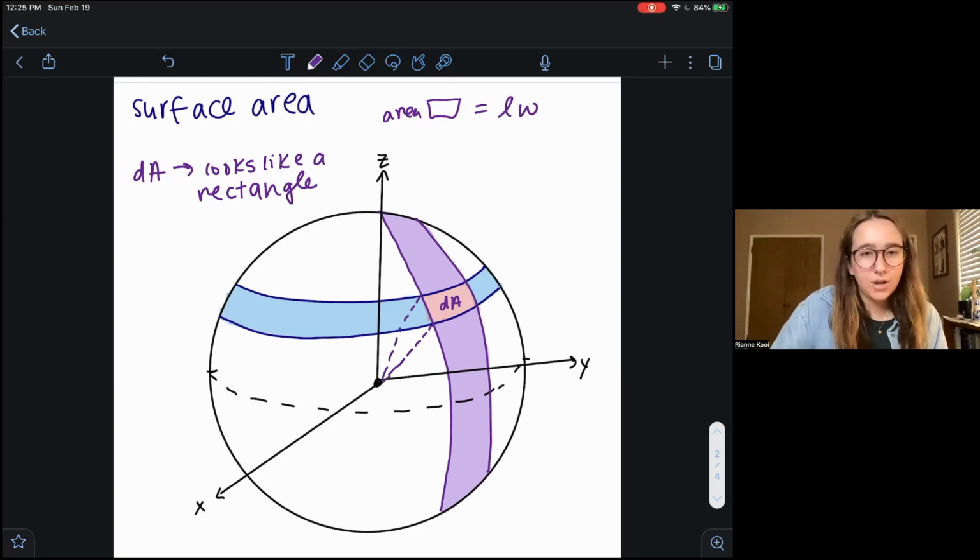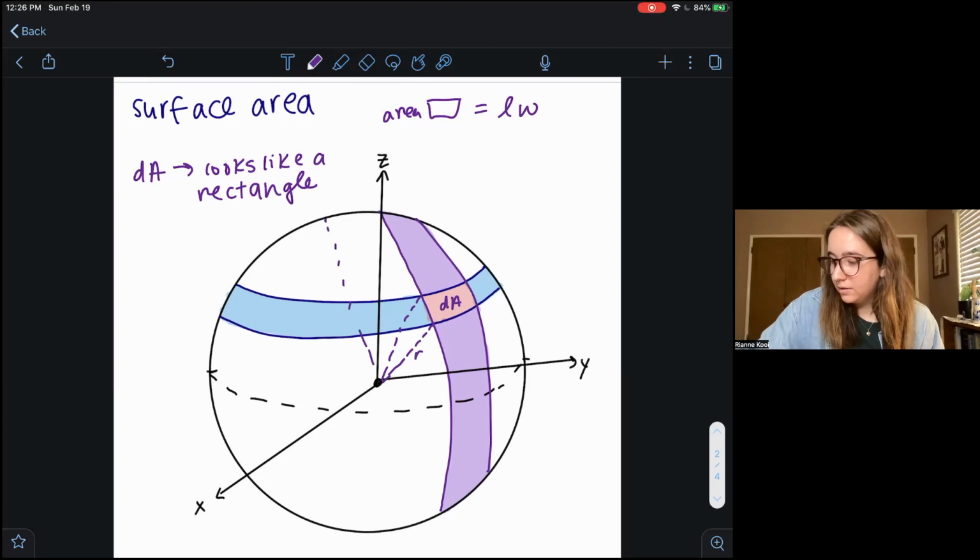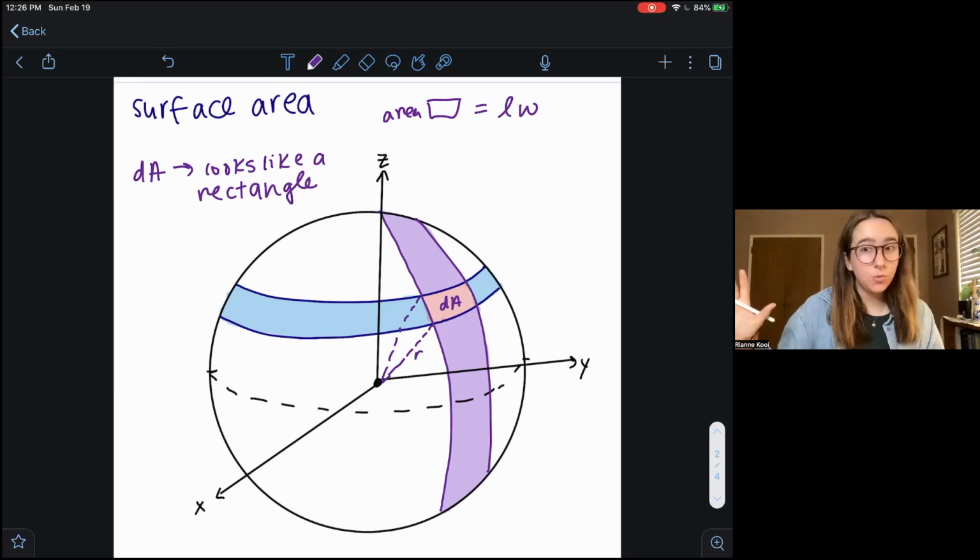Those two dotted lines that I drew have the same radius, because we're just looking at the distance from the origin to the surface.